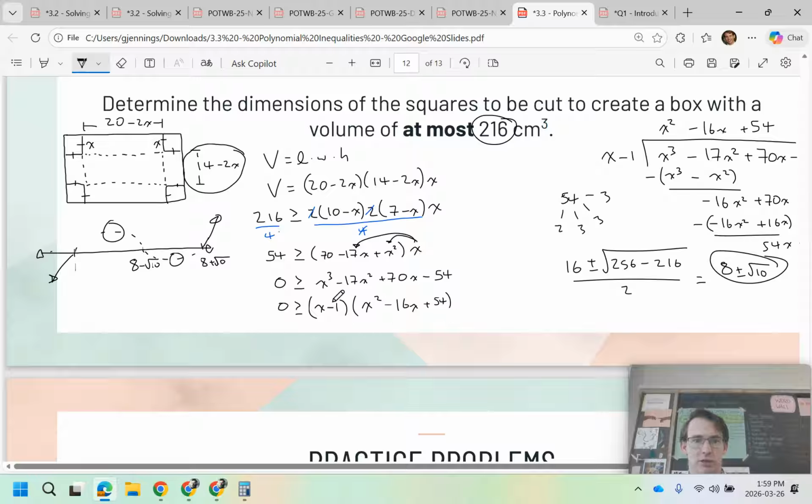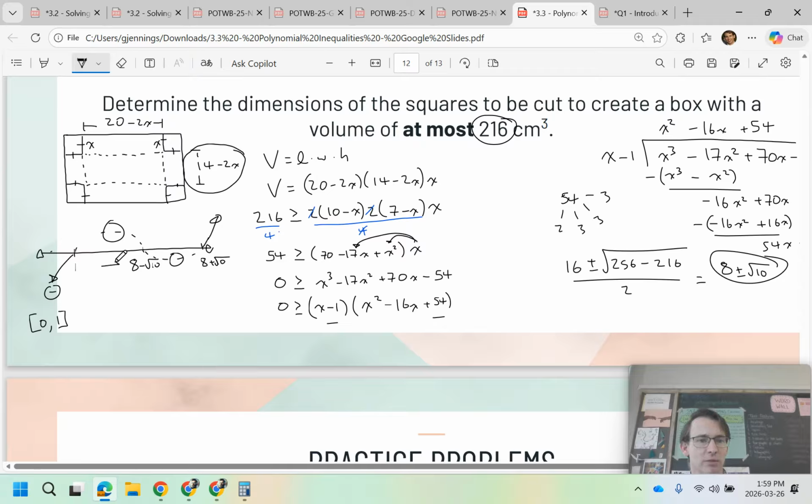Because this would be minus 1 here times 54, which is less than 0. So this one is negative, and we want that. So this realm of 0 to 1 inclusive is okay. Those are valid dimensions that keep the volume of the box below 216.